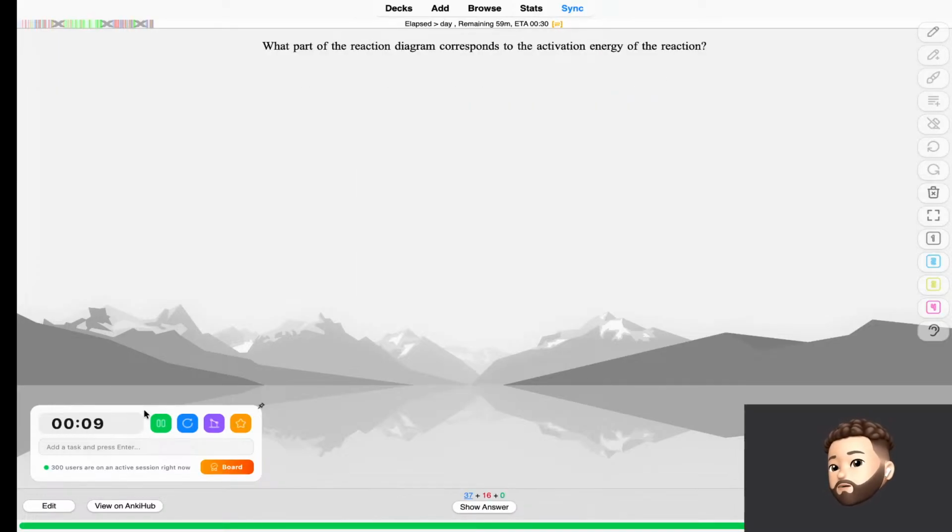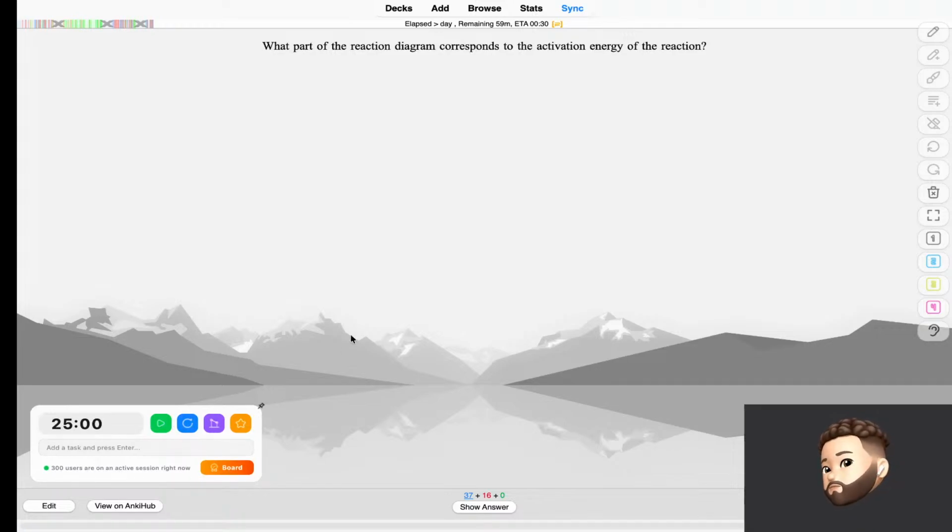Okay. What part of the reaction diagram corresponds to activation energy of the reaction? It's the peak. The peak in the middle is right there.